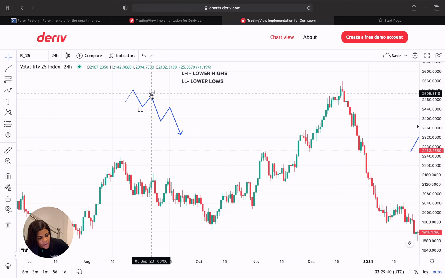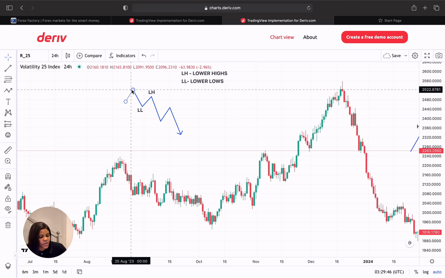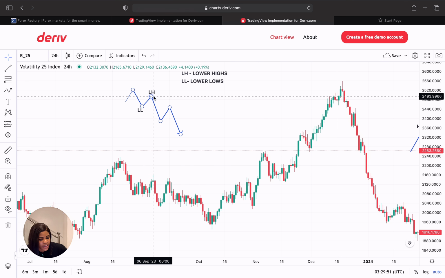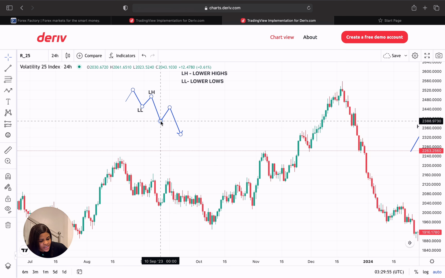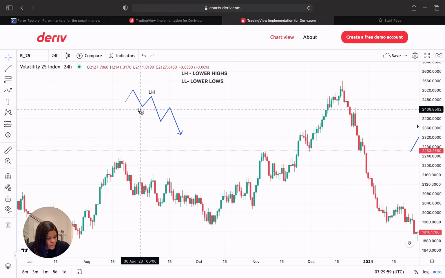If it's going up, it's retracing to create what? A lower high, that is a high that is lower than the previous high. You can see this is high, but this is lower than the previous high. Now if it's coming down, what's it coming down to create? A lower low that is lower than the previous low, right?